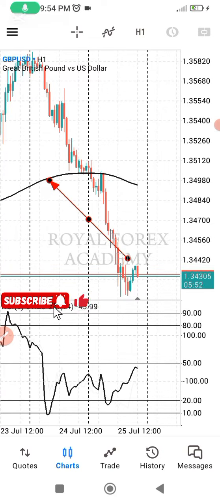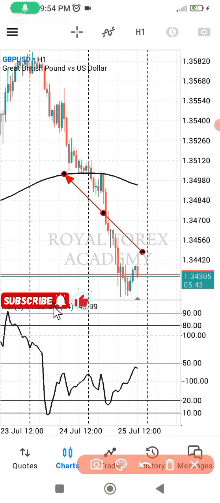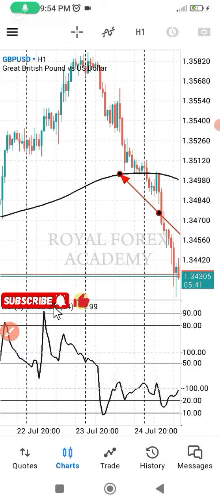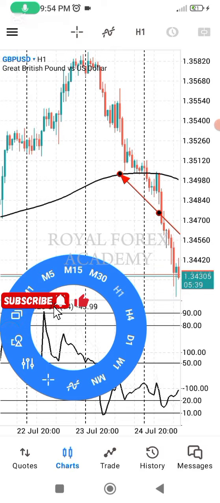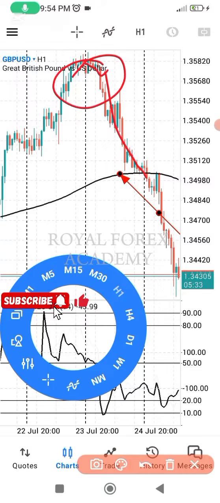Now, the advantage of this moving average is that it will help you to escape price manipulation. Remember, price manipulation always takes place at the point of reversal. For instance, this zone all the way to this point, especially this point, is where manipulations take place.